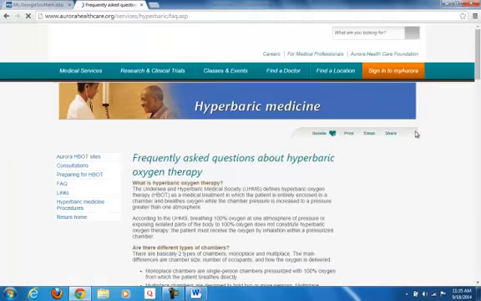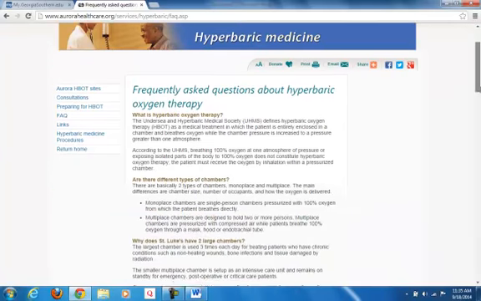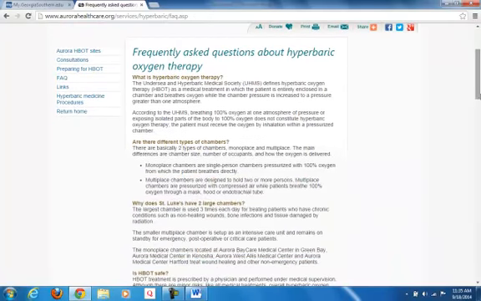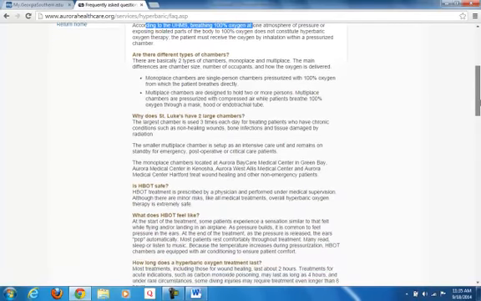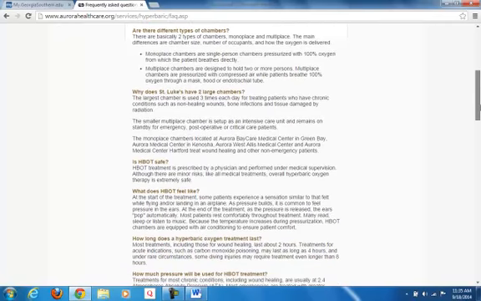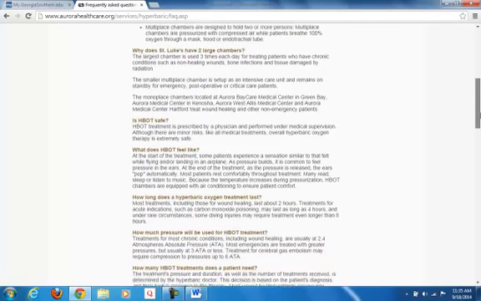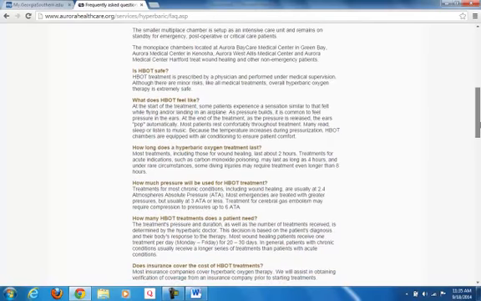Oh, here's a frequently asked questions about hyperbaric chambers. They might have something. Oh, this looks like a really useful place. It has a lot of information about what it actually consists of, what the two types of chambers are, and just if it's safe, what it does, and kind of how it does it.